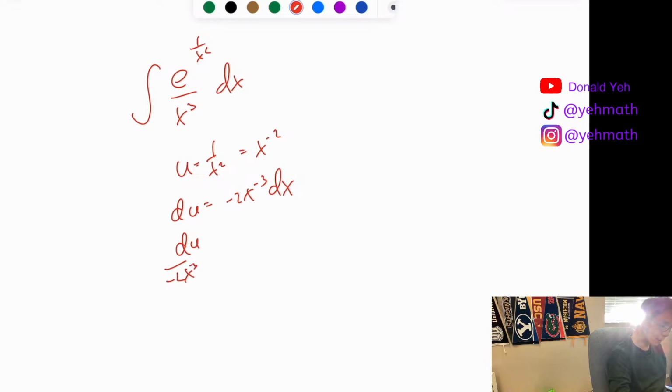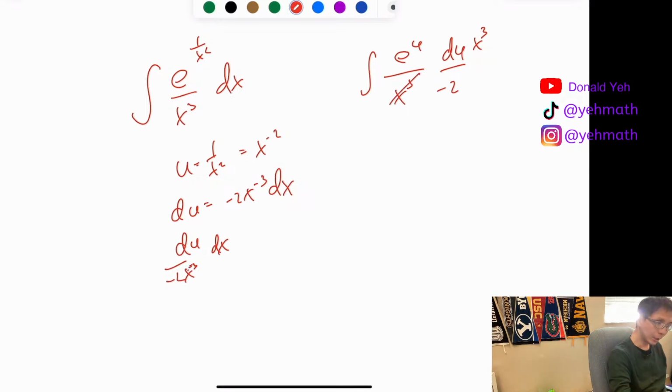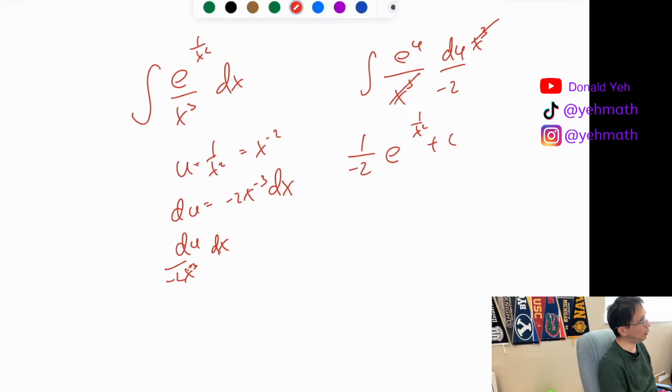So that's going to be e to the u, x cubed, and this one is going to be du over negative 2 x to the 3, because I flipped it upwards. This cancels out. And yeah, this is a good one to put on the test.